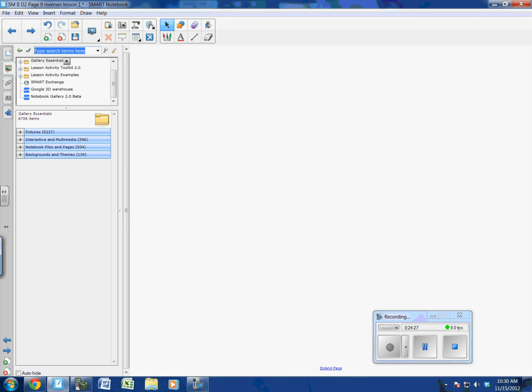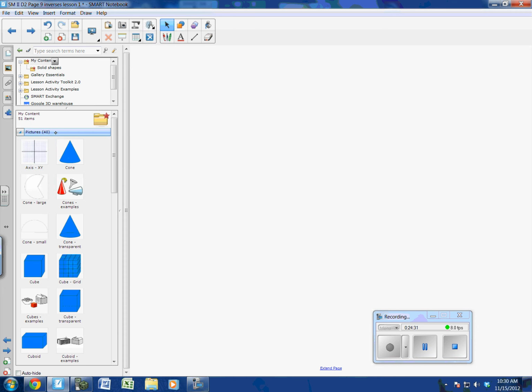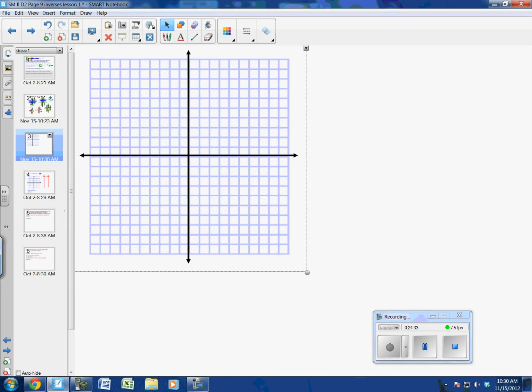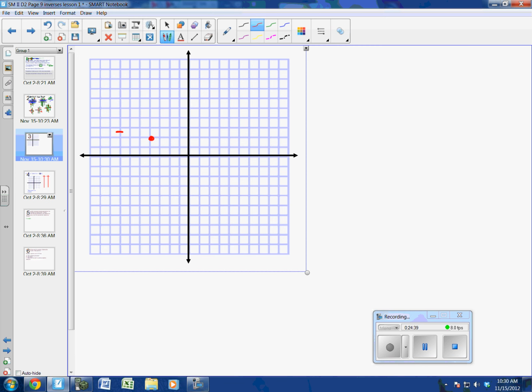I want you guys to all graph this. Everybody graph the point -4, 2. Then graph the point -2, 4.